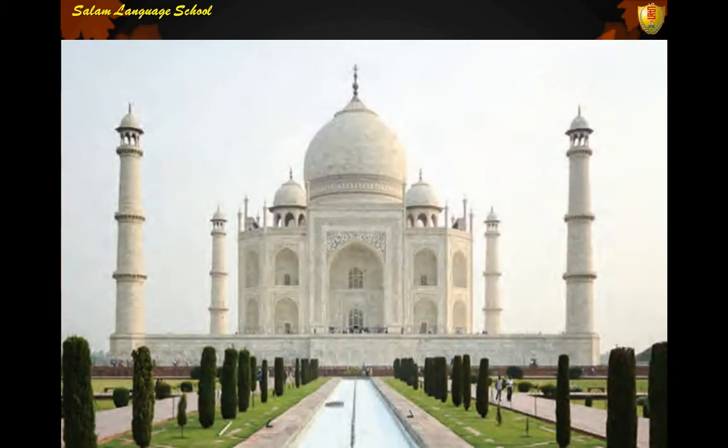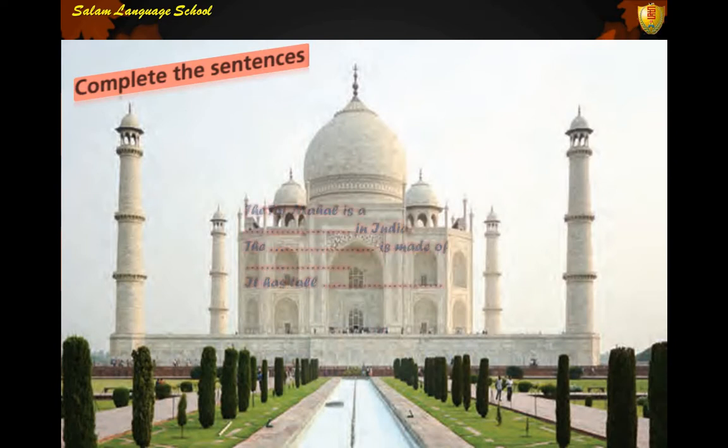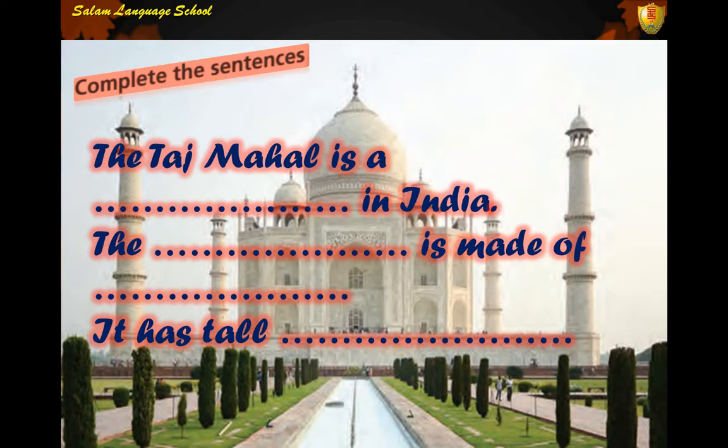Now let's check the first exercise here. I want you to complete the sentences. The Taj Mahal is a space in India. The space is made of space. It has tall space. You'll find this exercise in your student's book.